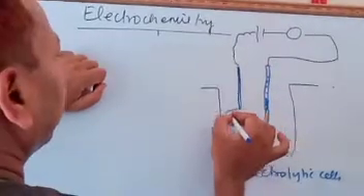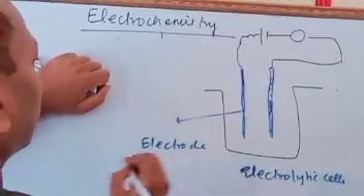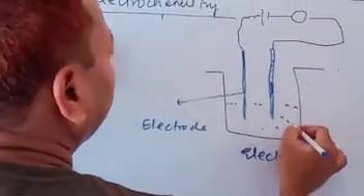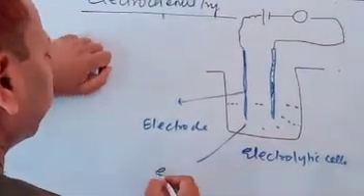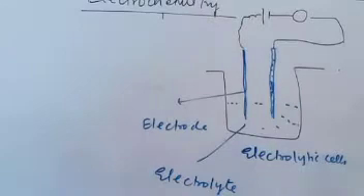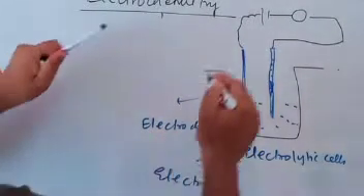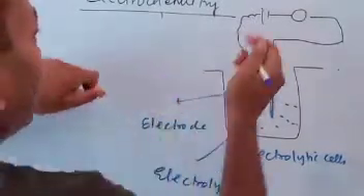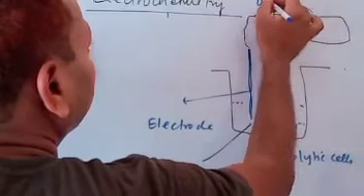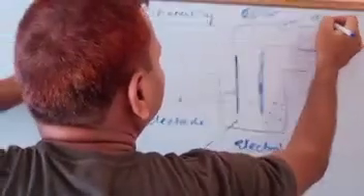This is an electrode and it is made up of metal. This is the electrolyte. How can this electrolyte be prepared? See this. This is a DC source or battery, and this is an ammeter.